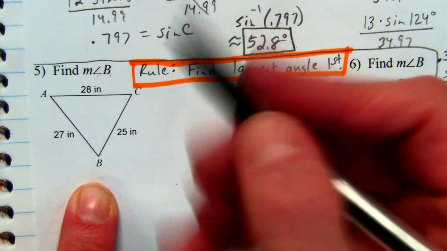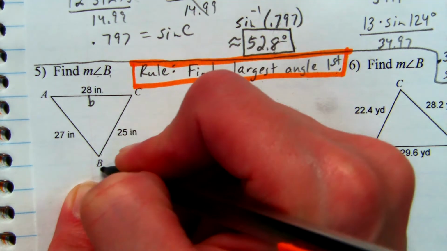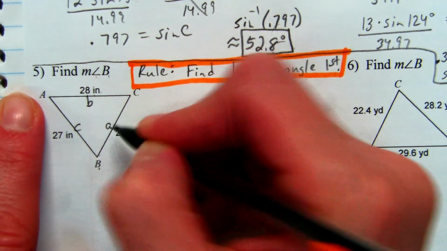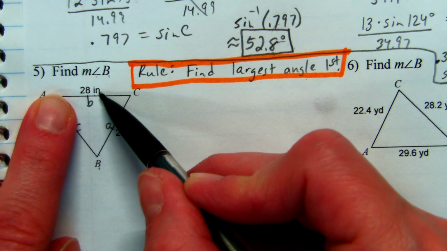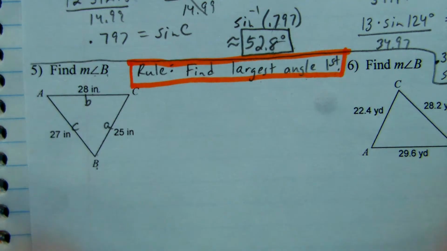Okay? So this would be side B that's across from B. This is side C. That's side A. When we're solving for angle B, you want to use the equation that has angle B in it, which is the one that starts with B squared.